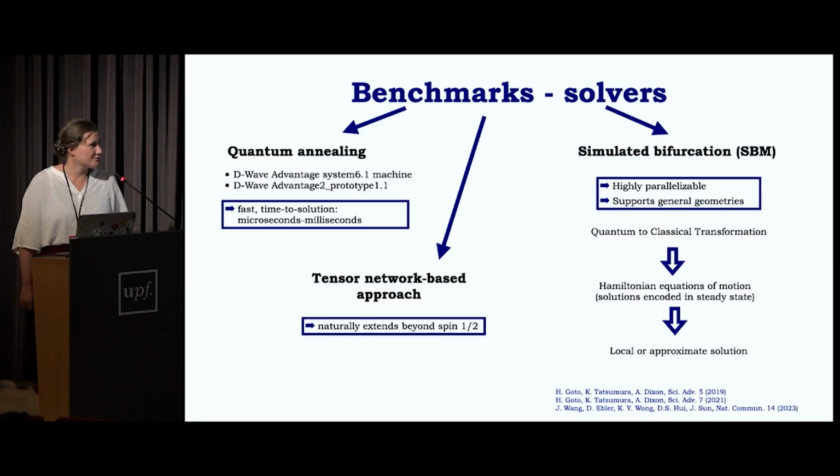In other words, what we have to do is solve Hamiltonian equations of motion, which are differential equations, and solutions are encoded in their steady states. And the solution at the final time is at least a local minimum of the Ising problem. What are the key advantages of the SBM algorithm? First of all, it supports general geometries, so it can manage dense spin-spin interactions with high precision. It can also be accelerated with GPUs.